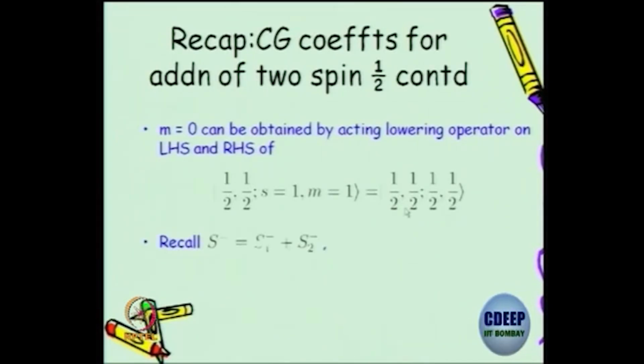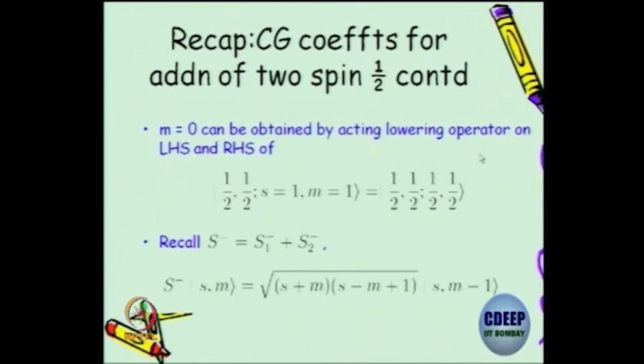And then on the stretch state, we operated ladder operators. On the left hand side is a coupled state, the right hand side is an uncoupled state, and then we applied the S minus operator on the coupled state. It only looks at these two. And on the right hand side, S1 minus will operate on M1 and reduce it to M1 minus 1, and S2 minus will operate on M2 and reduce it to M2 minus 1, right?